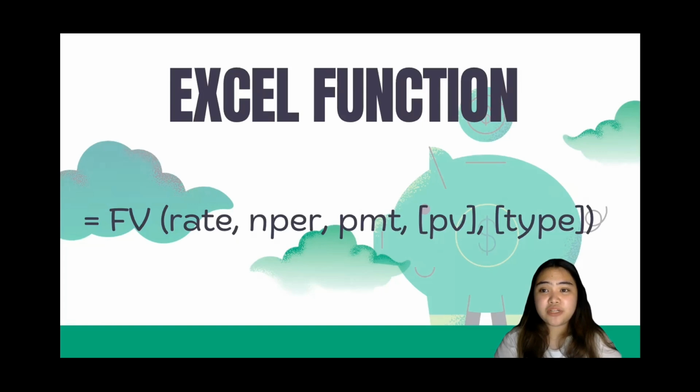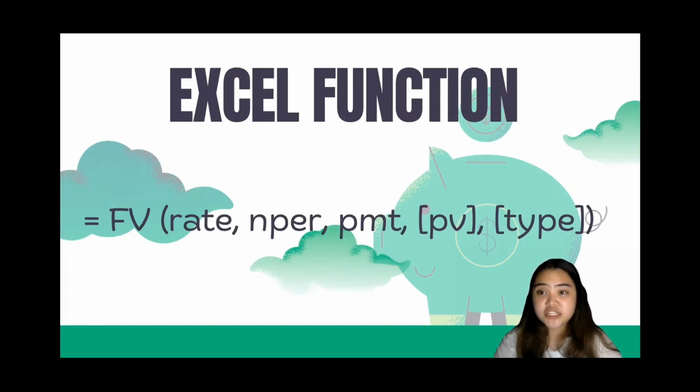So since alam na ulit natin kung ano yung Excel function ng time value of money, take note na ang ating PV, if cash outflow siya or deposited or invested, dapat lalagyan natin siya ng negative sign.